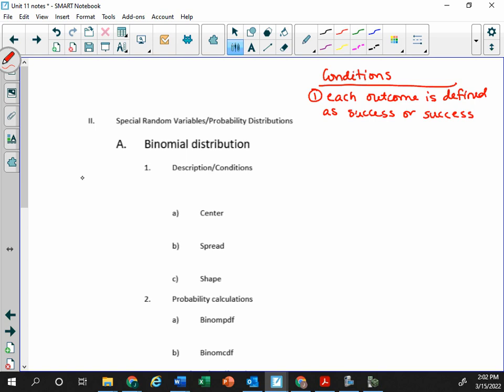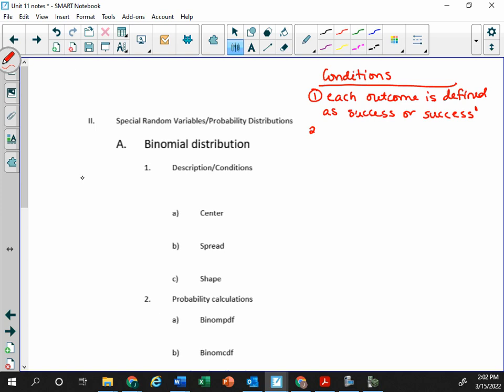And you can write not in front, or you can put the little apostrophe afterwards. You could put the C from your test, remember, that's complement. So that's success or not success. Whatever it is you're looking at, it's like flipping a coin and you want a head. Head is success, tail is not success. That's how the outcomes have to be defined.